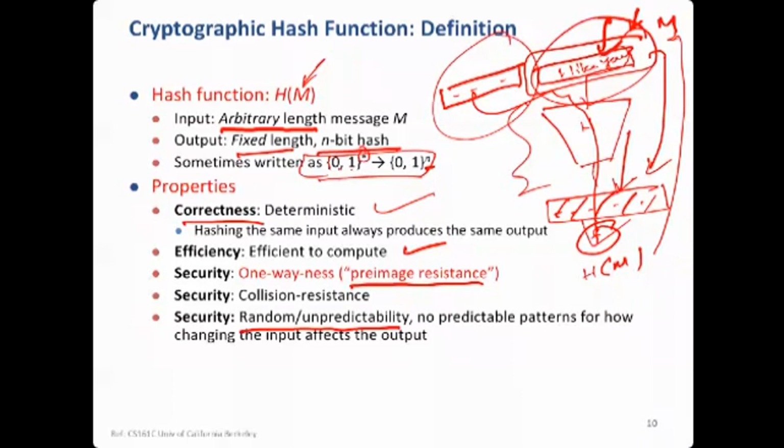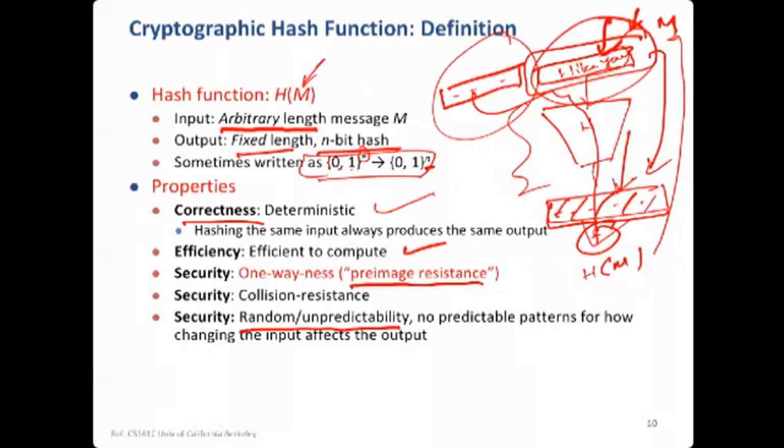So the output has to be random or unpredictable. So these are the properties. Basically, if you change the input here, output will change. Output will be totally different. We'll come to this point a little later also when we look at the example. Any question up to this point? No?